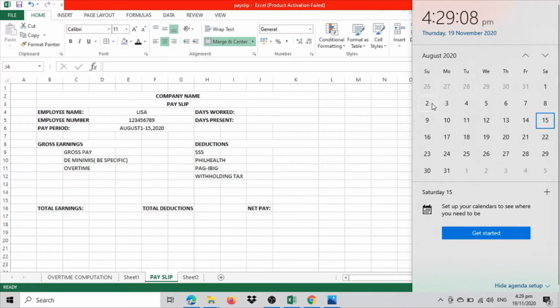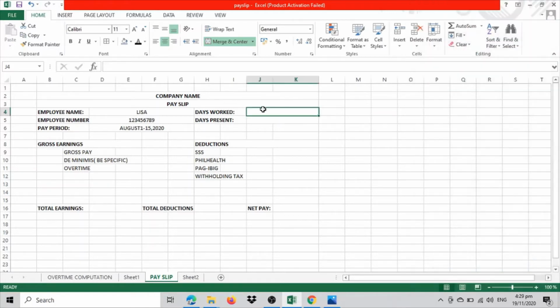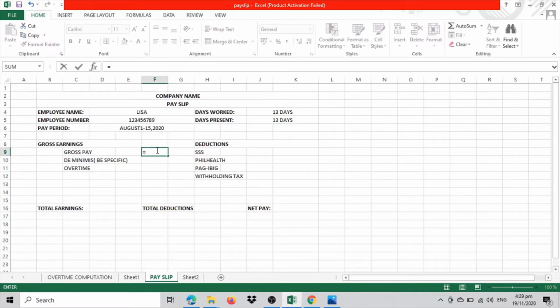So let us disregard the two Sundays. So we have 13 days worked, days present, 13 as well. To compute for the gross pay, we have the daily rate multiplied by days present.